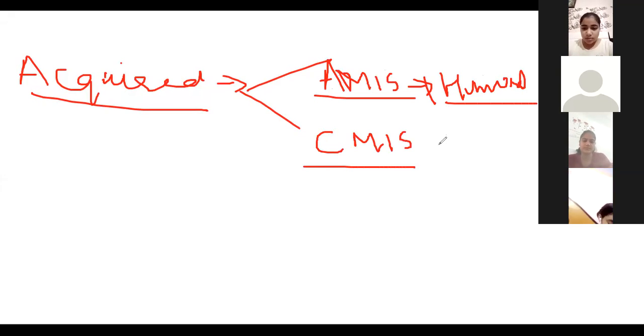So is this acquired immunity pathogen specific or pathogen non-specific? Pathogen specific. What do you mean by pathogen specific? When a particular pathogen infects the body, antibodies will be released and will be effective only against that pathogen.